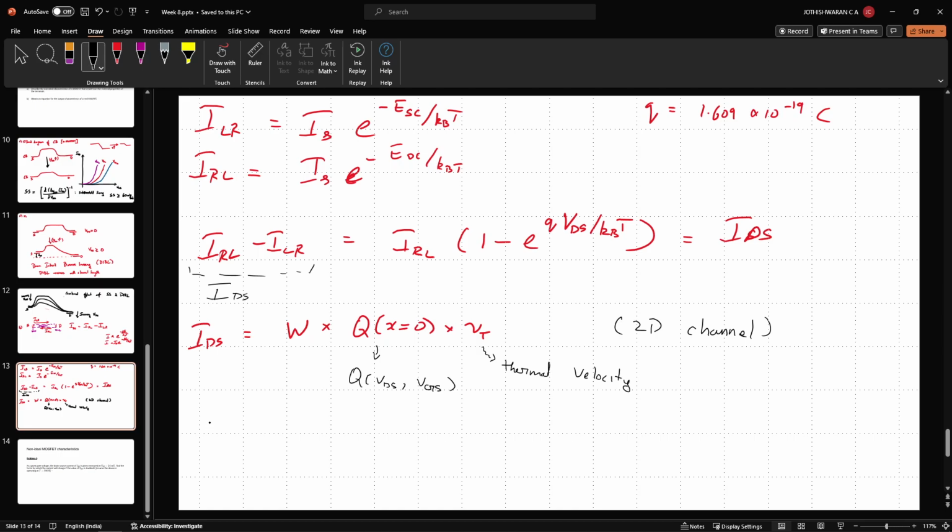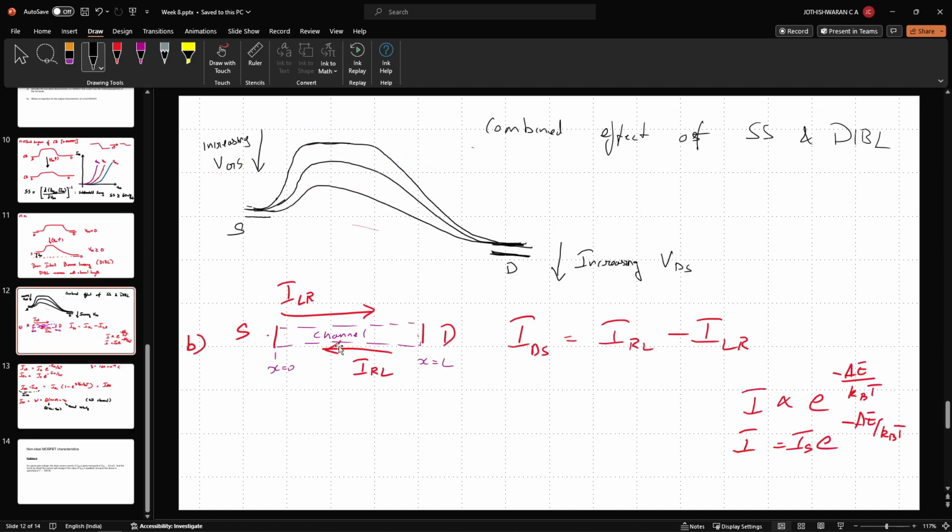Now what we know is the current is achieved by the movement of the charges in this channel. So the difference between the currents will tell me the current moving in one direction. If I just add the currents as they are, then that should give me the average amount of charge that is contained in the channel.